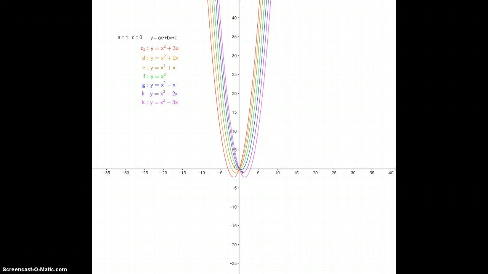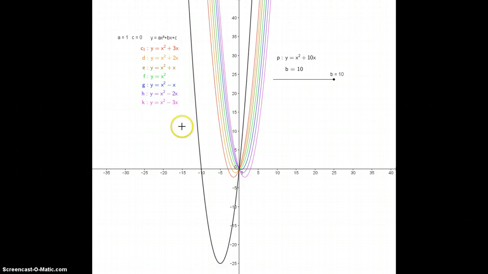To illustrate this point even more, we are going to look at the equation y equals x squared plus 10x, where b is equal to 10. We are going to, on this number line, look and see what happens as we adjust the points from positive to negative and back again. So looking at the graph, b equals 10, we have it off to the left.